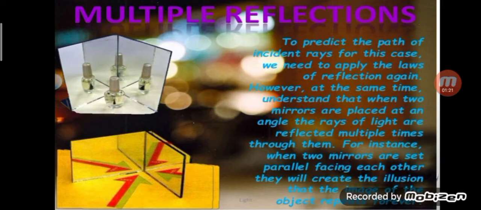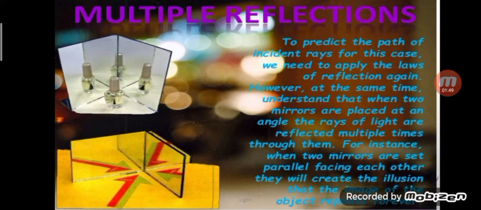We have taken two plane mirrors and kept a small bottle, and you can see three images. So when we change the angle of the plane mirrors, the number of images also changes. The number of images formed by two plane mirrors depends on the angle between the mirrors.